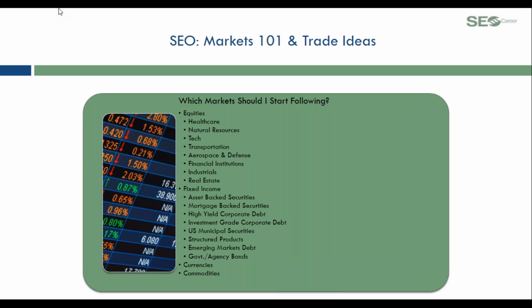So these are some asset classes that you can follow for a trade idea: all the different sectors of equities, different fixed income products and classes, currencies, commodities.